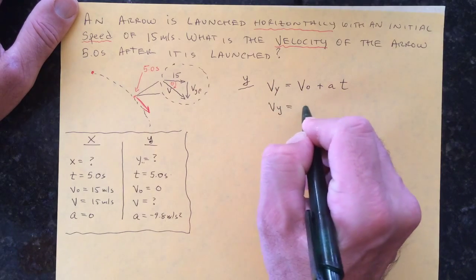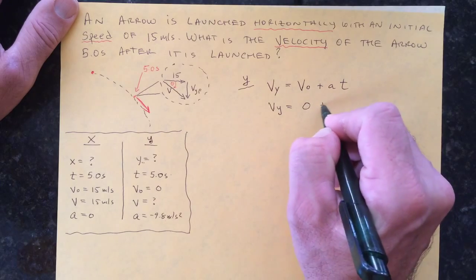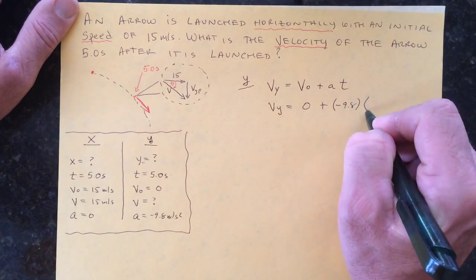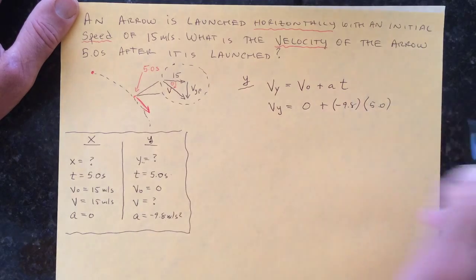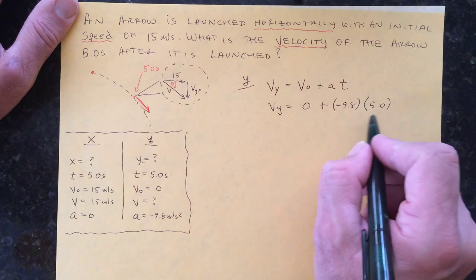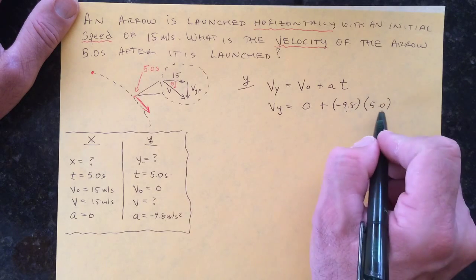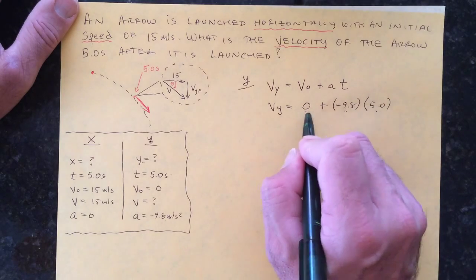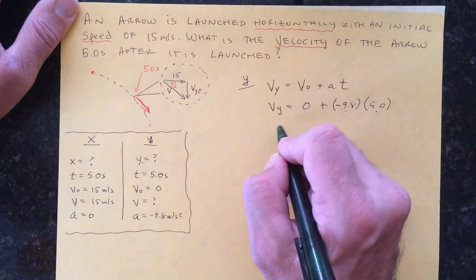So Vy is equal to 0 for the initial speed plus negative 9.8, and it's accelerating for 5.0 seconds. So that product right there will give me the final velocity. I just need to know the rate of the acceleration and for how long it accelerates at this rate, and if it begins from 0, it's just the product.